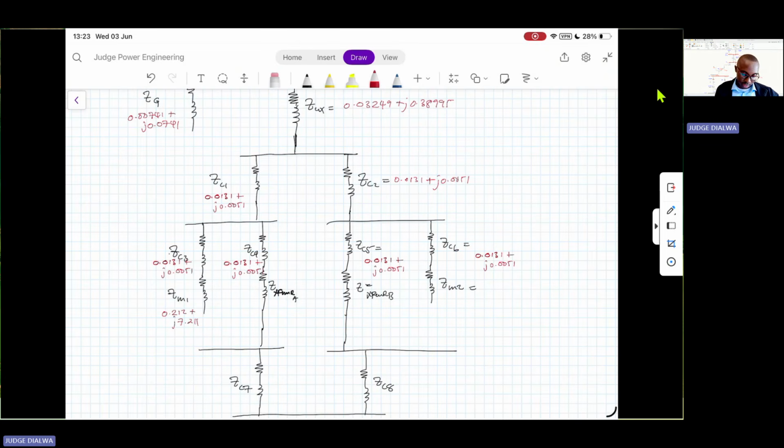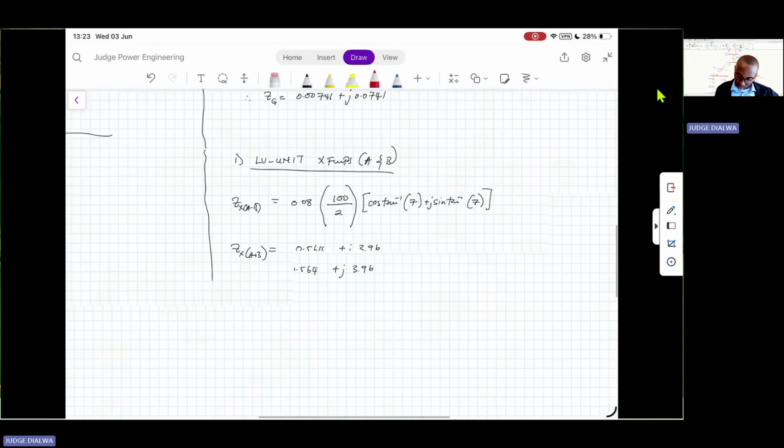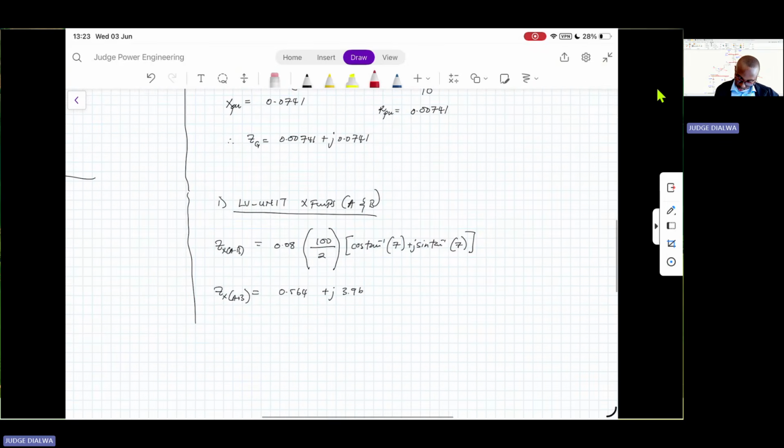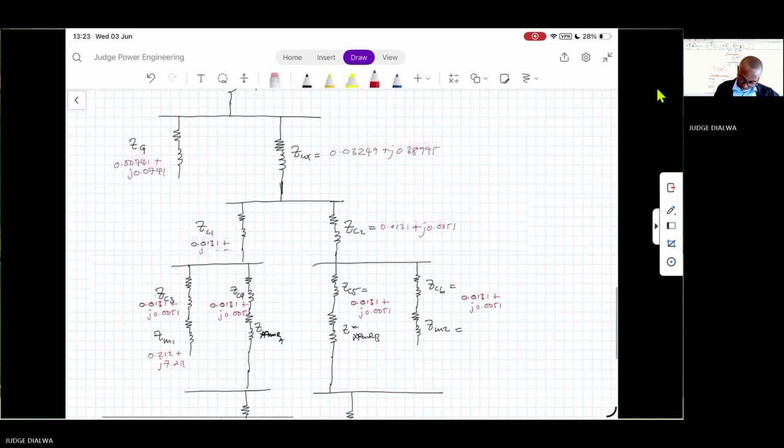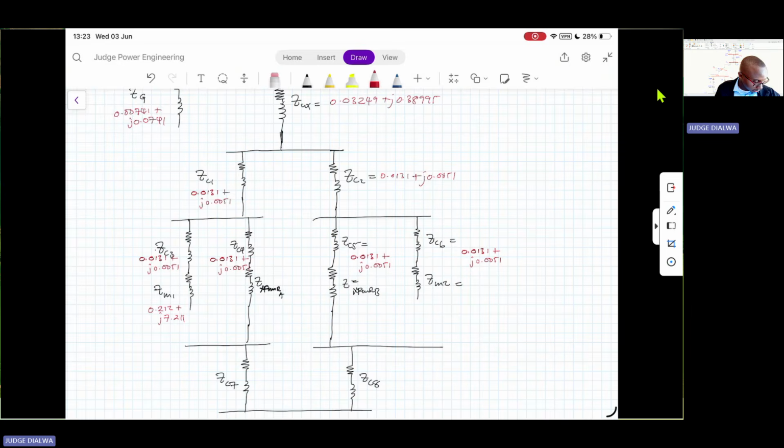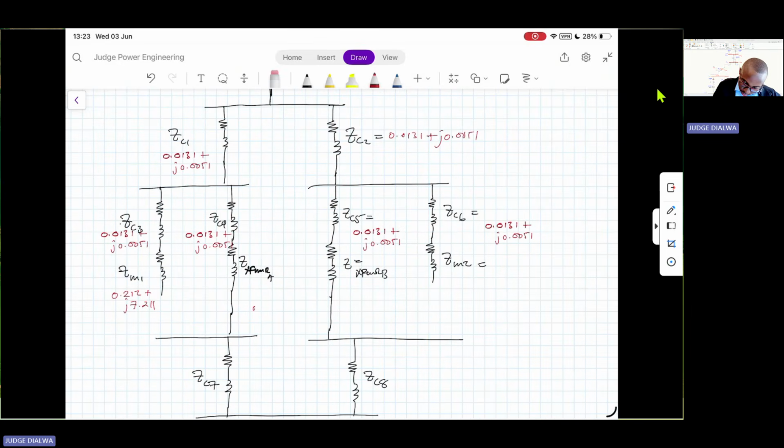And then for our LV transformers, those we calculated as 0.564 plus J 3.96. Same applies to the one on unit board B, 0.564 plus J 3.96.